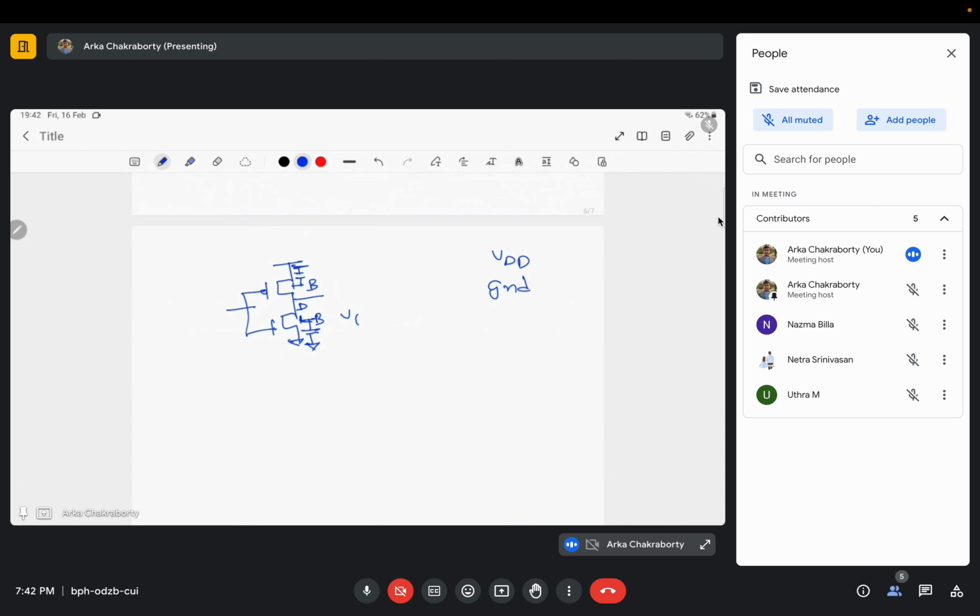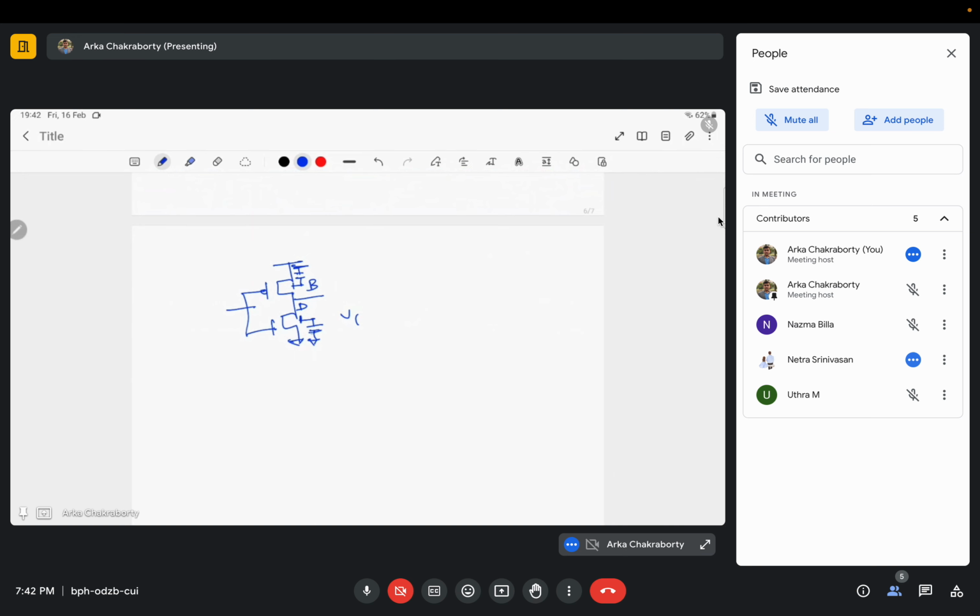So while doing the analysis, I have not seen such a lecture that you are talking about, but see, what is my aim? My aim is to charge this capacitance or discharge this capacitance, right?